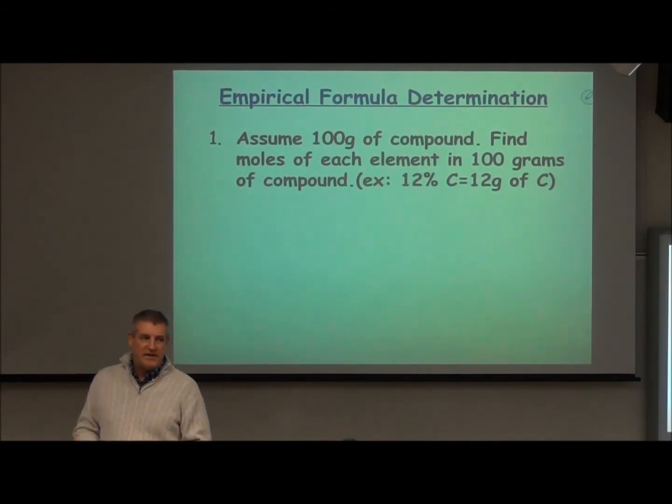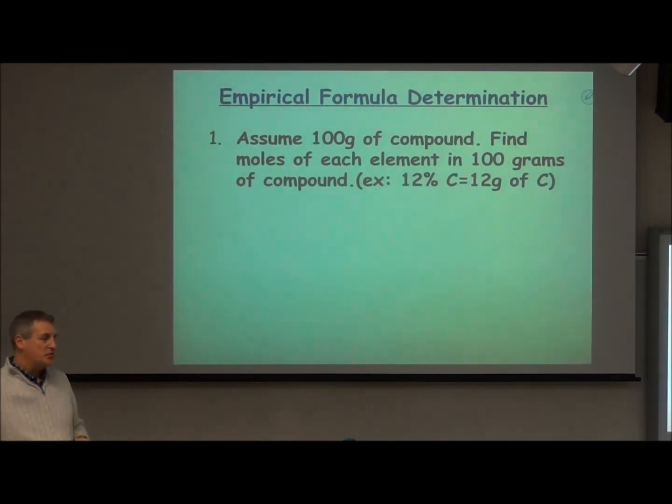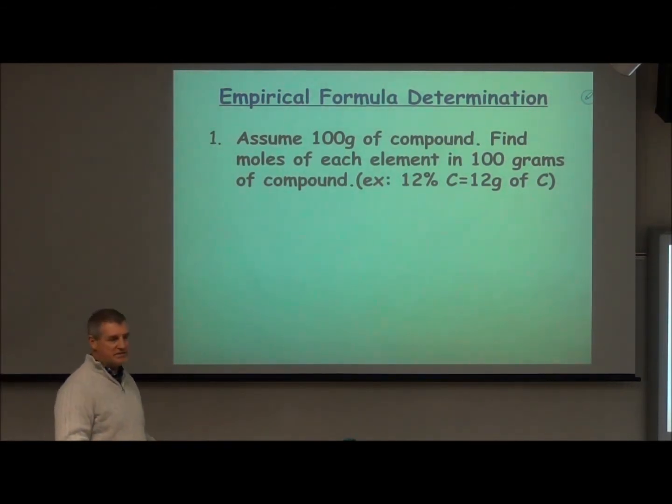When we're given the percent composition of a compound, we are told that it's 12% carbon and 26% oxygen and 42% nitrogen or whatever. All those percentages add up to 100. So we're going to assume that we're starting with 100 grams of whatever substance we're given.